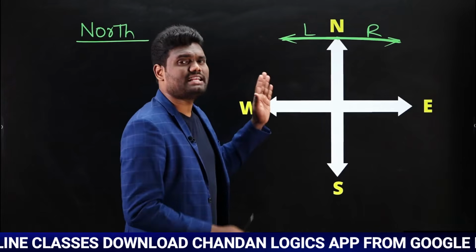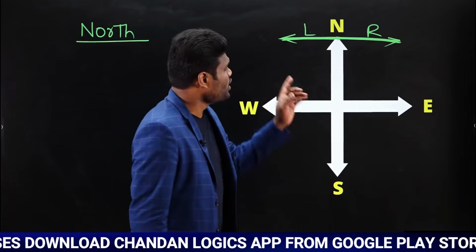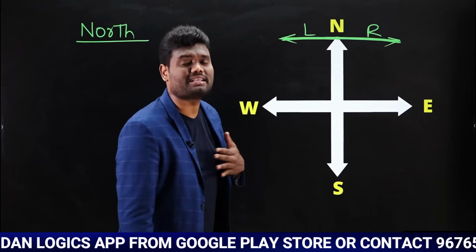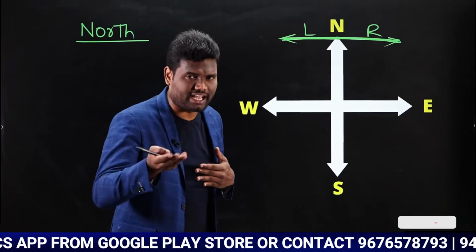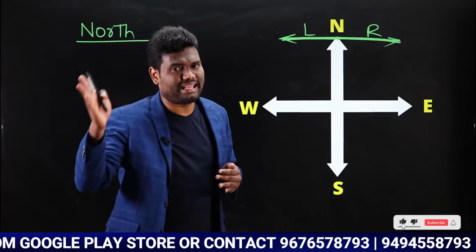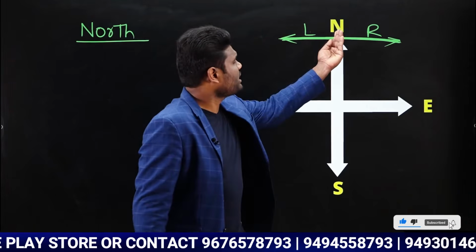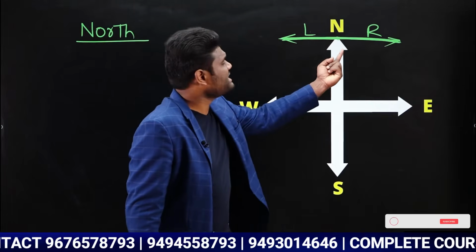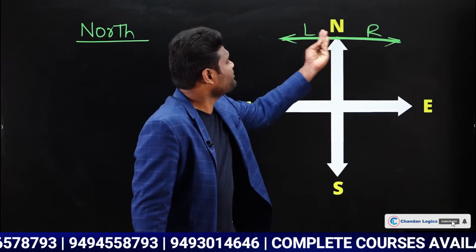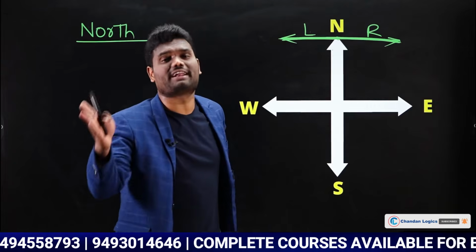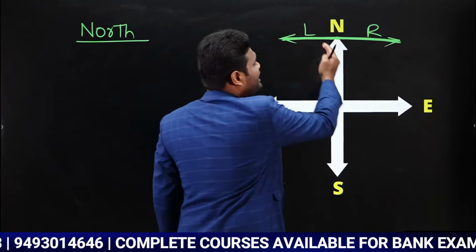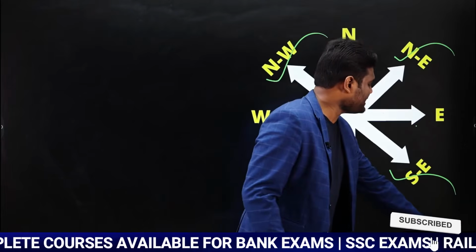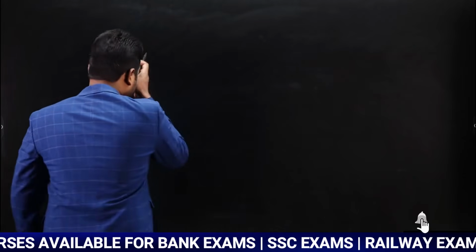So when the person is traveling towards the north direction, the left of the person is the same as our left. If you want, you can check. Even your left-hand side will be in this way, and even if you observe here, the person's left-hand side is also in the same direction. Similarly, the right of the person is the same as our right. Yes or no? So can I write it in this way?